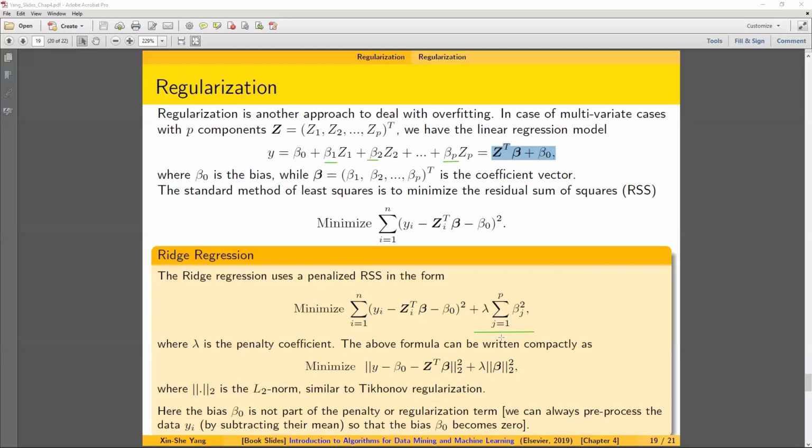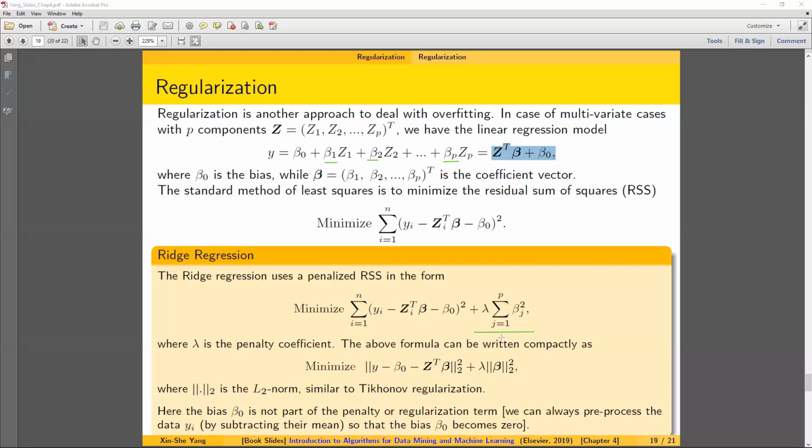We don't want to have too many betas, so we drive some of the beta j's to 0, and as a result, our model is more compact. More compact meaning I only have 5 betas instead of 50. That's really the idea, and this is called ridge regression.